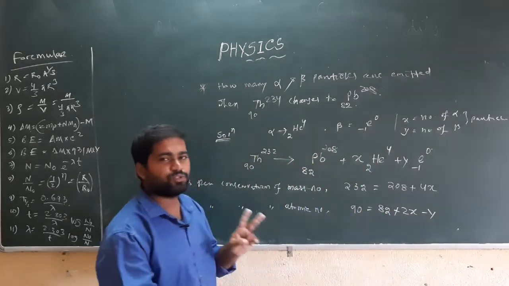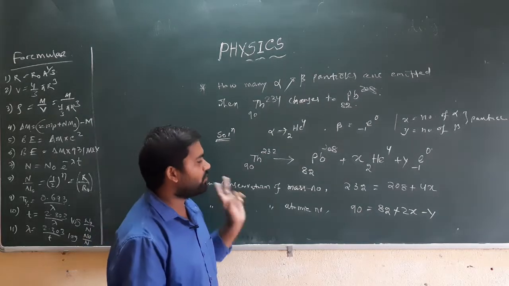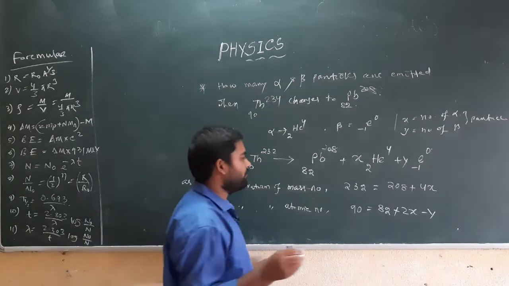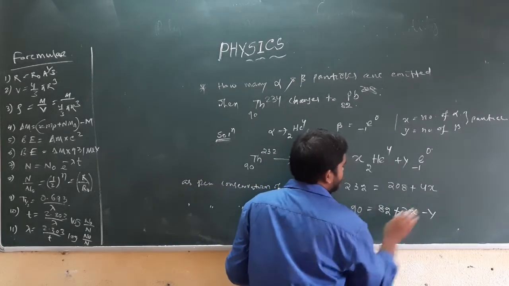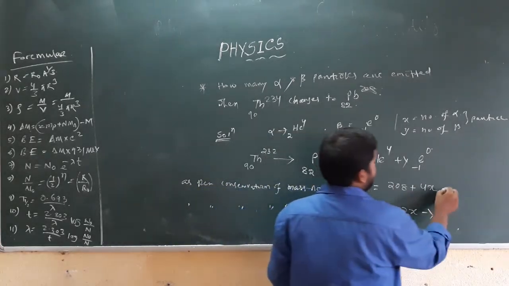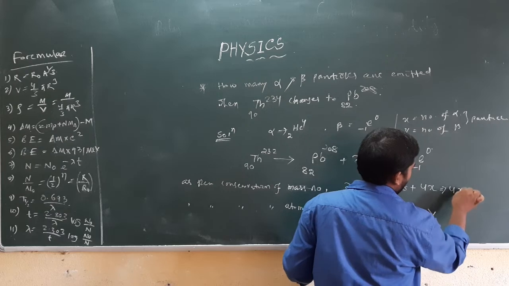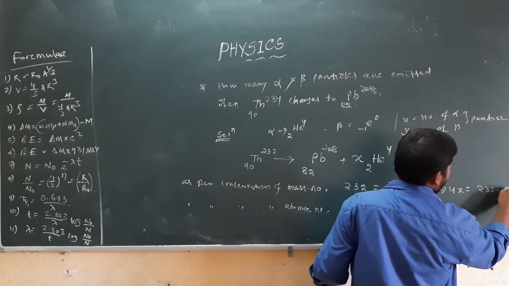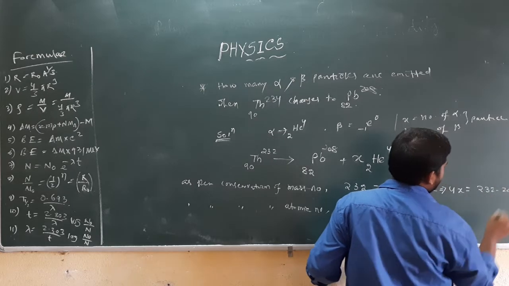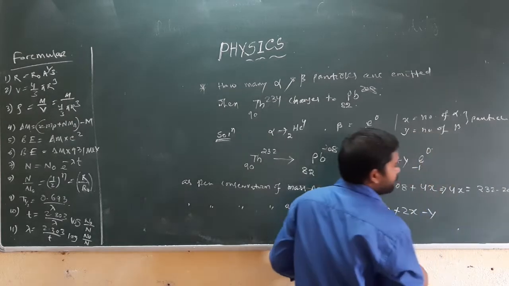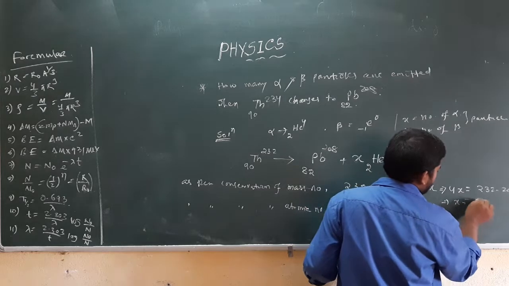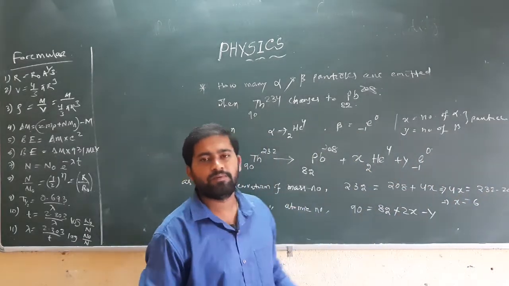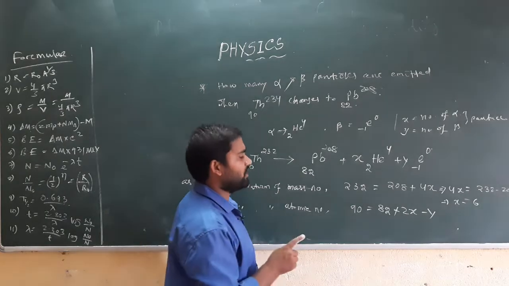There are two equations and two values to be calculated. Here we can simply calculate x: 4x equals 232 minus 208, so that will be 24. So x will be 6. x is the number of alpha, so there are 6 alpha particles.